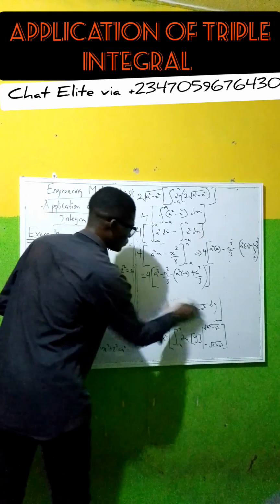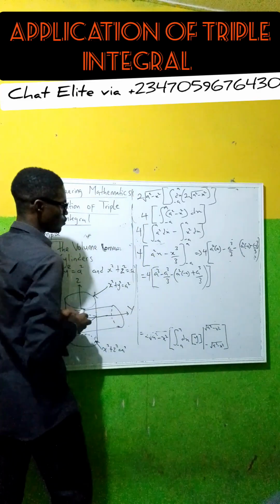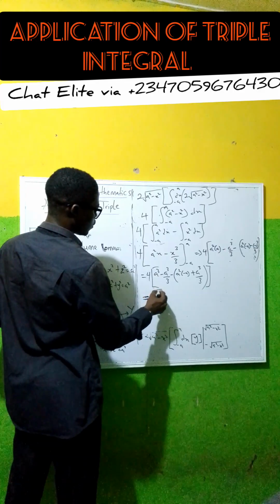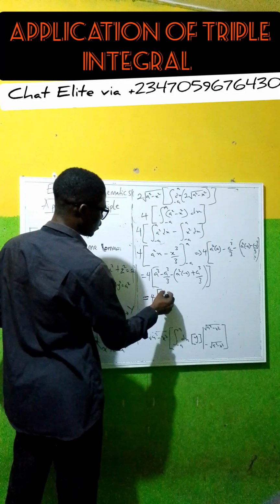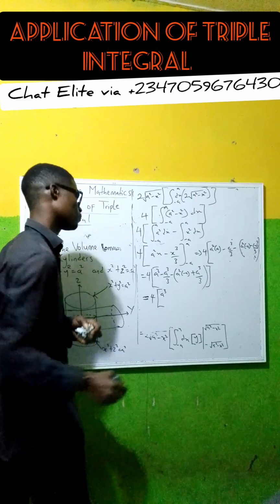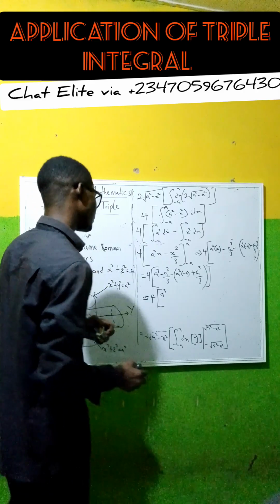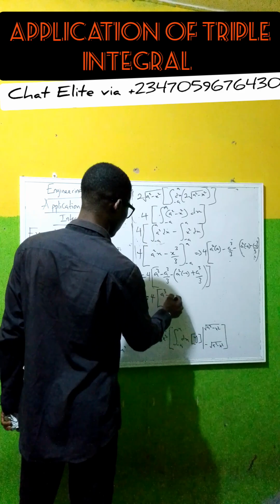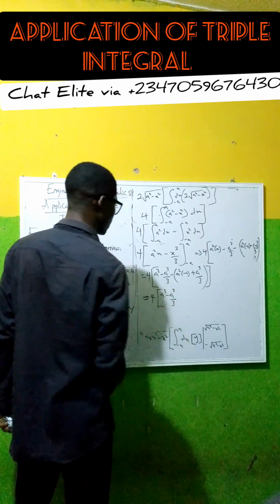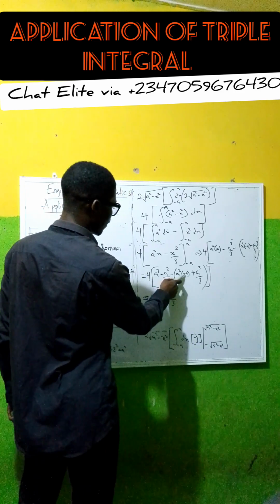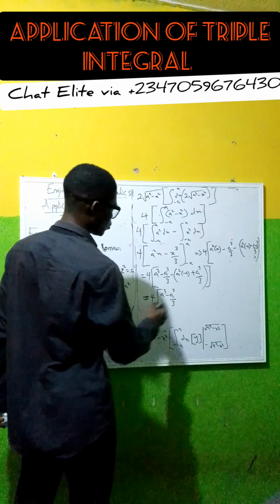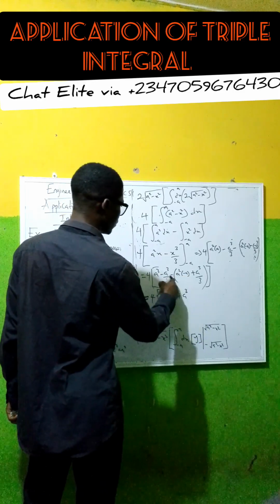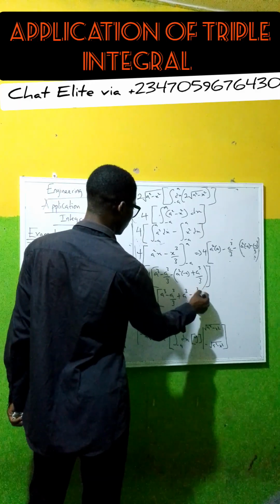You have to be careful, you have to be very careful. All right, so this one is 4 into a cube minus a cube over 3. This one minus and minus is plus, then that's plus a cube minus a cube over 3.